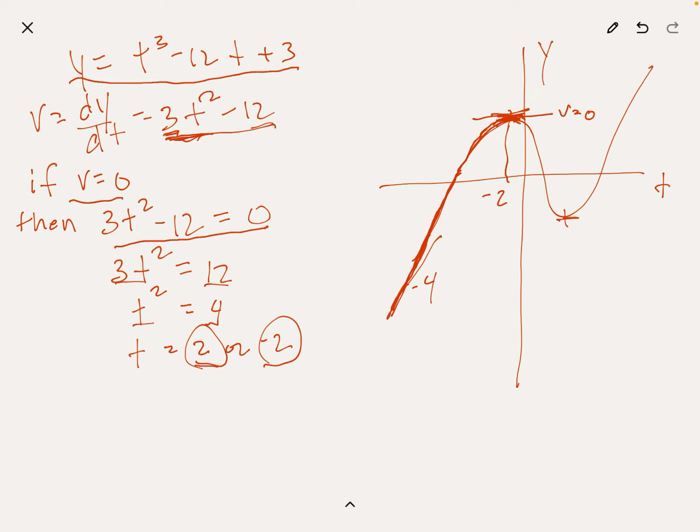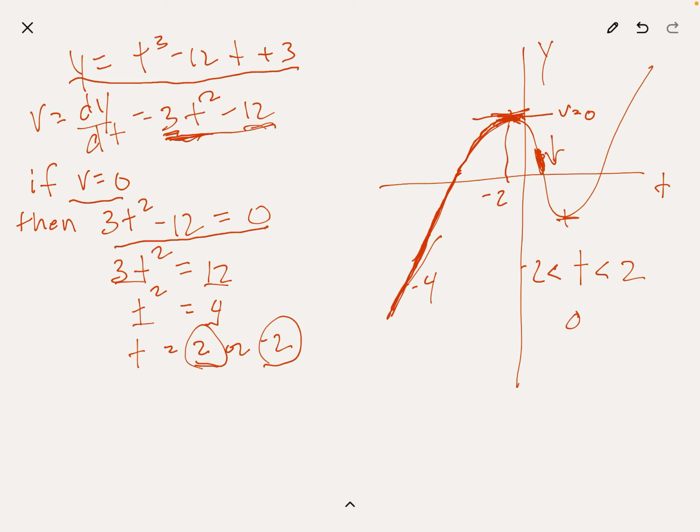Now, for example, when t is greater than negative 2 but less than 2, let's say 0, then the velocity equals negative 12. Well, that makes sense. I haven't drawn this right, but you can imagine, let's say here is t equals 0.